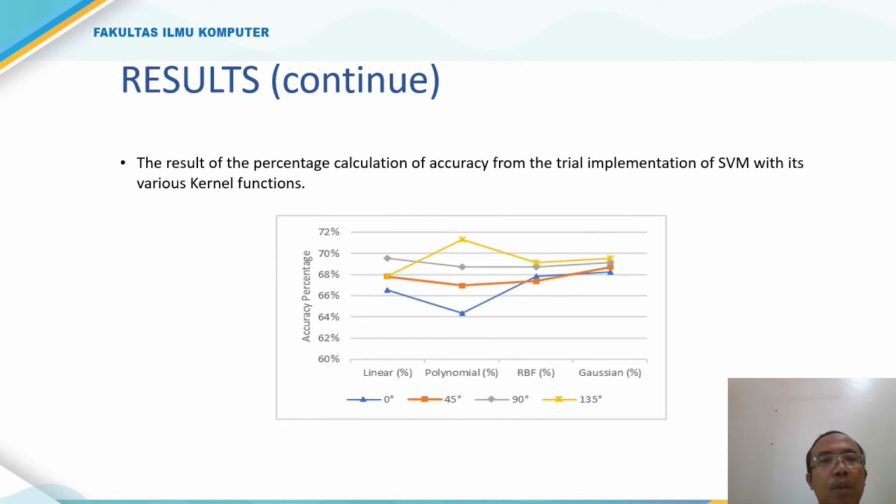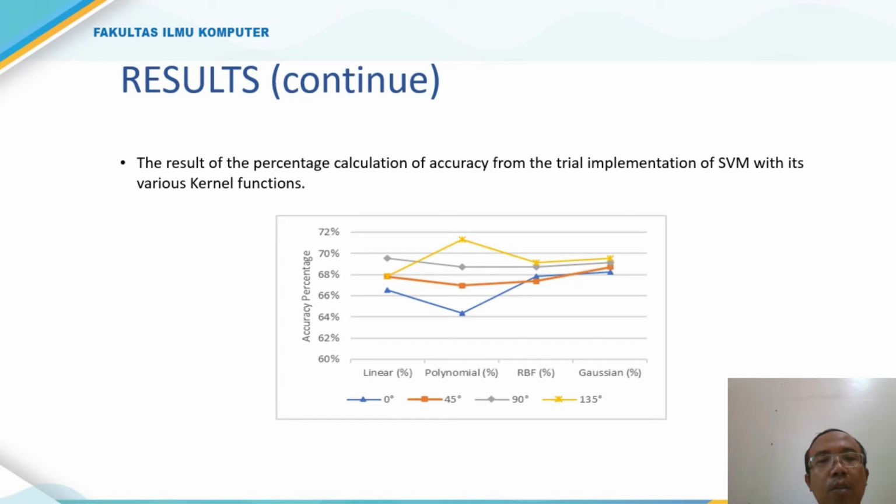Results continue. The result of the percentage calculation of accuracy from the trial implementation of SVM with its various kernel functions. Based on the picture, it can be seen that the accuracy value tends to be higher in the polynomial kernel with a direction of 135 degrees, while the value in the 0 degree direction tends to be lower.